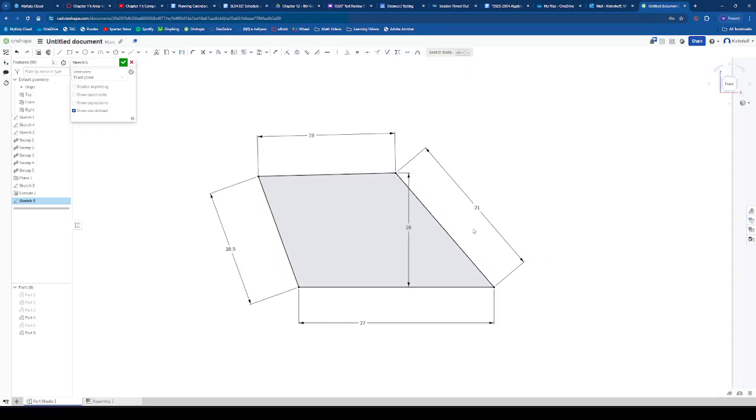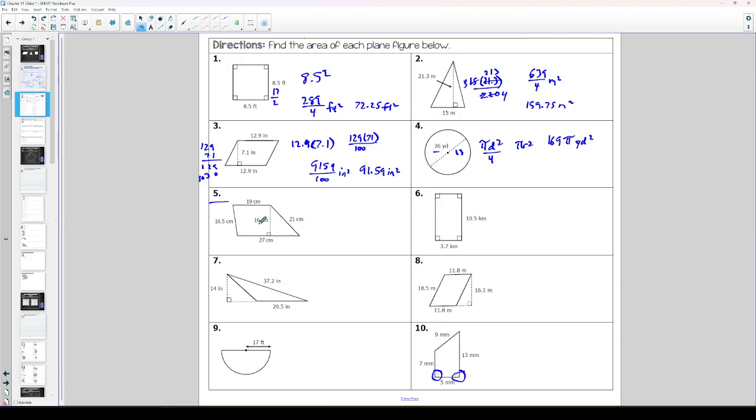So this is what that shape looks like, and while it's very close to parallel, I'm guessing that with rounding, it was intended to be parallel, but because of the rounding and the fact that we have all these dimensions, there's actually a 1.4 degree angle between the two bases. So this shape is not a trapezoid, and overall, this is just not a very good problem.